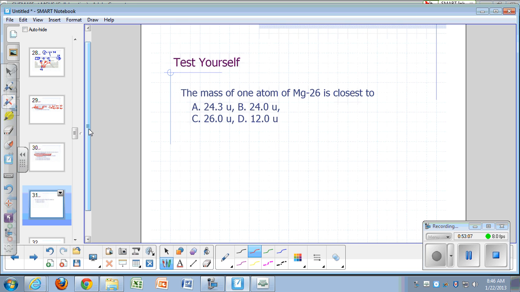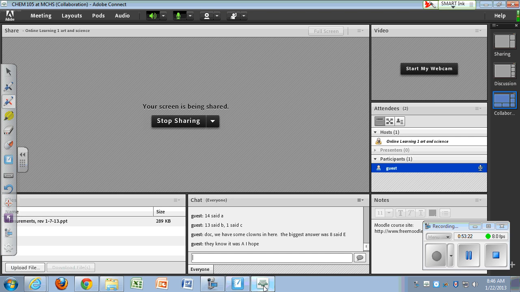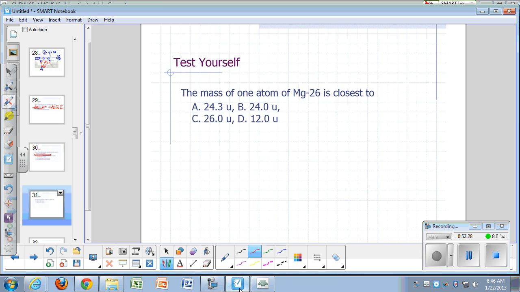Here's another easy one, should be. The mass of one atom of magnesium-26 is closest to A, 24.3, B, 24.0, C, 26.0, or D, 12.0.